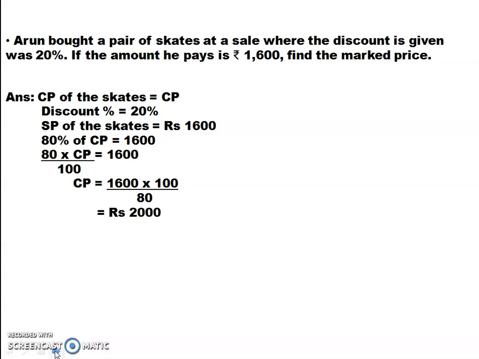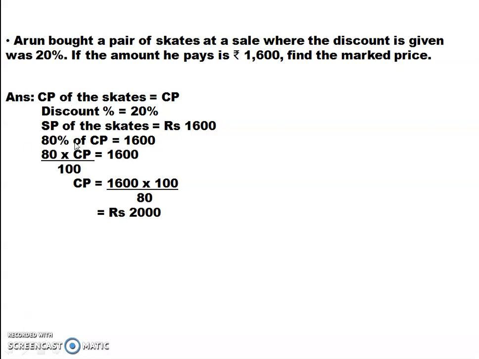Okay, that you understood. Now after reading the question, you should know whether the marked price is given or the selling price is given. Here you can see that the selling price is given. You have to find the cost price or the marked price.